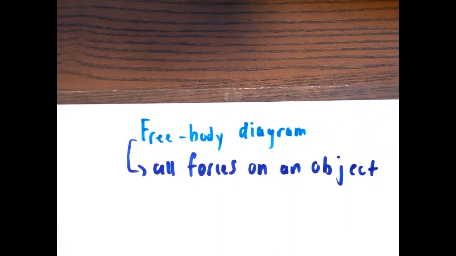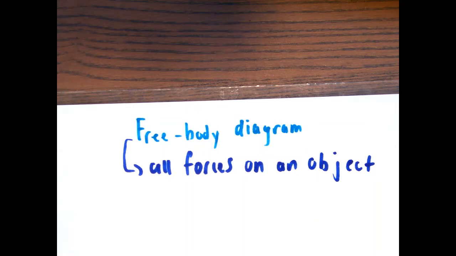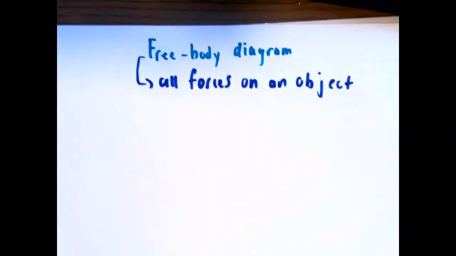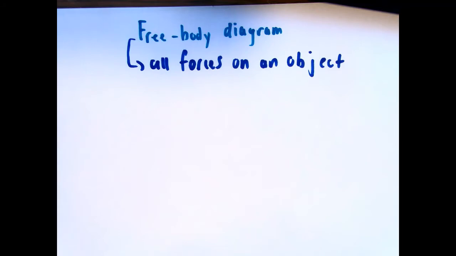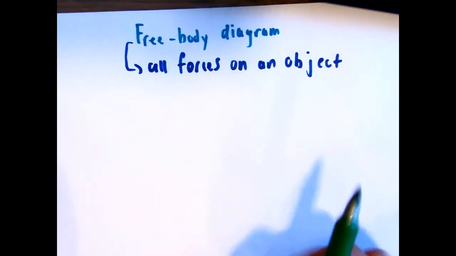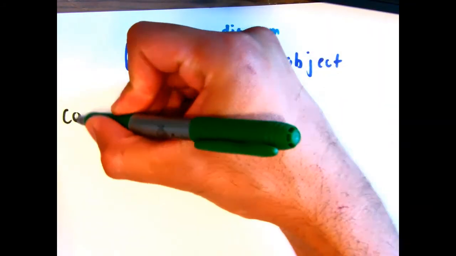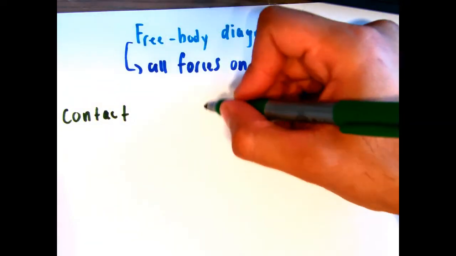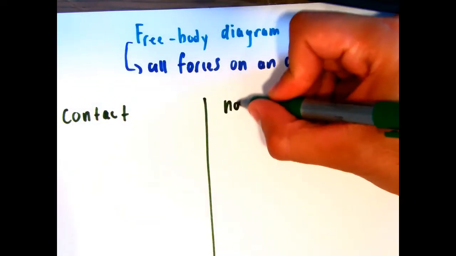All right, so first let's break down what forces are on objects, or what types of forces are possible. When we're thinking about forces, we have two main categories. We have what we call contact forces, and we have non-contact forces.